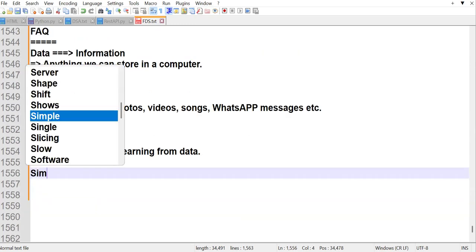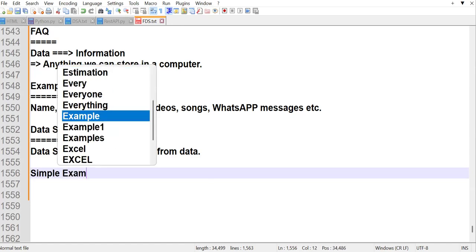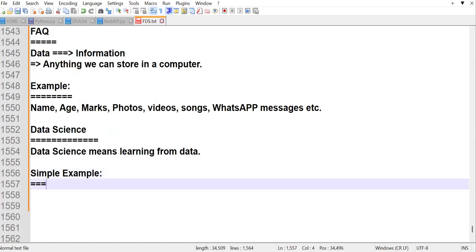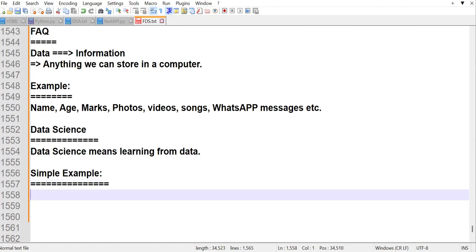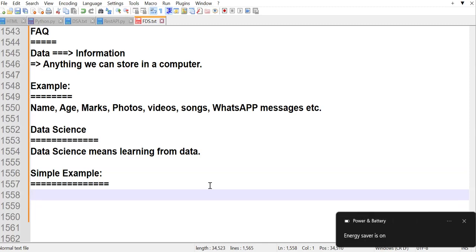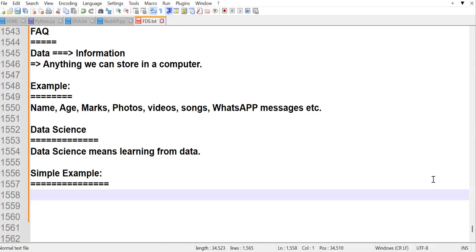Let me give you a simple example. For example, checking marks of all subjects.